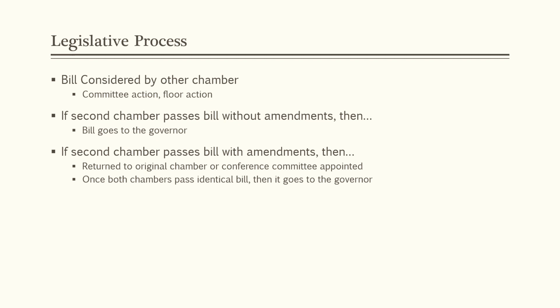Because for any piece of legislation to become law, it needs to be passed through each chamber with identical legislative language. So oftentimes the conference committee will haggle out the differences between the two chambers' versions of the bill, and then it'll be sent back for a vote in each chamber. So once both chambers pass an identical version of the bill, it then goes to the governor.